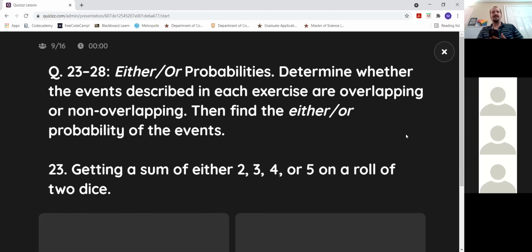Are these overlapping? Meaning, are they going to occur at the same time? Or are they non-overlapping, or like disjoint sets, is what we might call them. If they were sets, they would be disjoint. They're not going to occur at the same time.